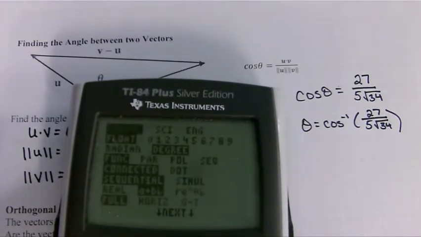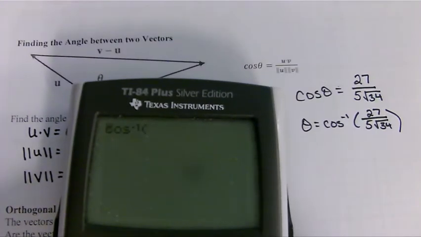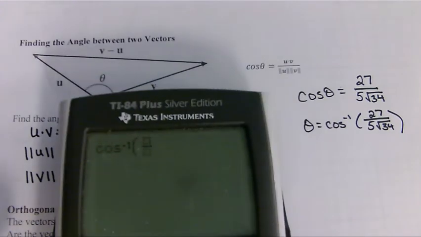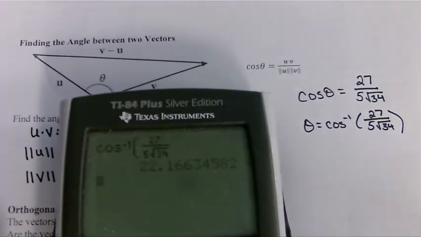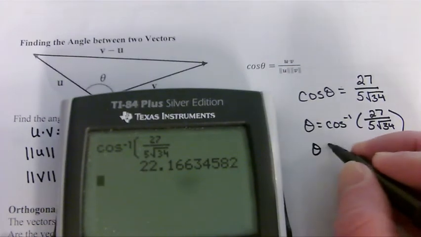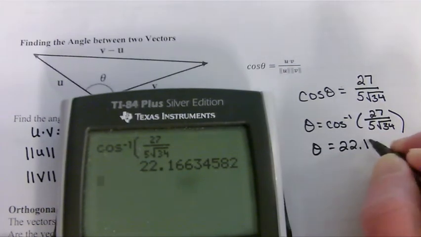Whoops, let me make sure I'm in degrees. Okay. Back to here, inverse cosine of the fraction 27 over 5 square root of 34. Enter. The angle is 22.17 degrees.